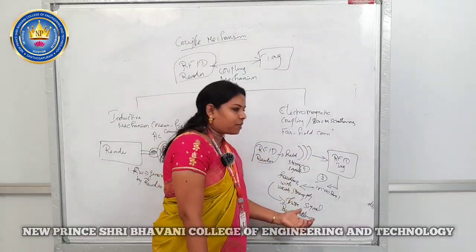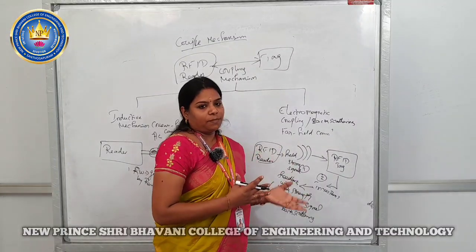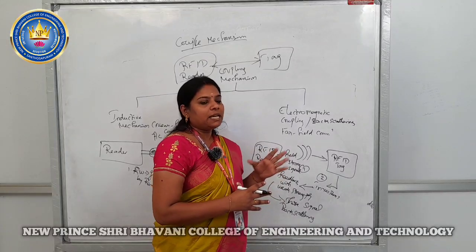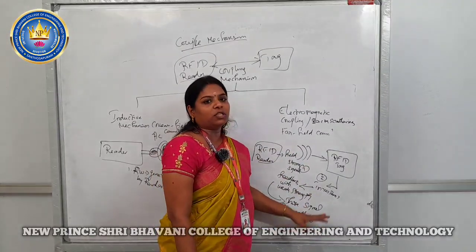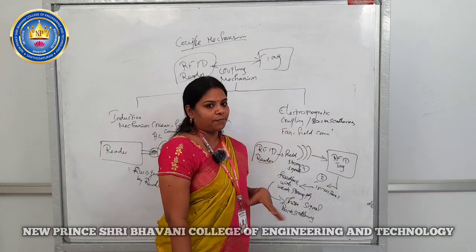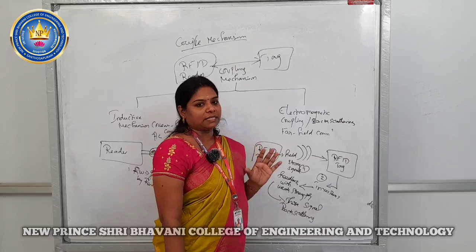Here the intensity of the backscattering signal is increased by means of impedance mismatching, so that the magnitude of the voltage can be increased or decreased. So these are the coupling mechanisms of RFID systems.